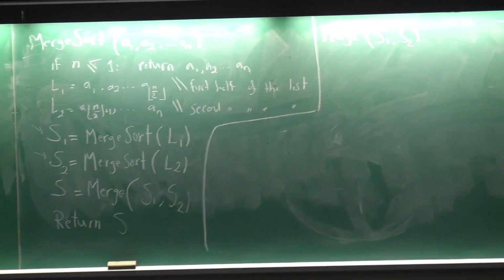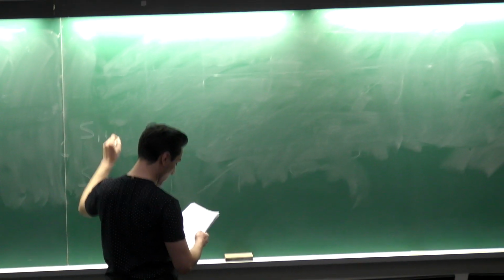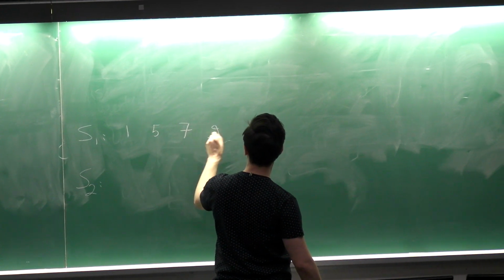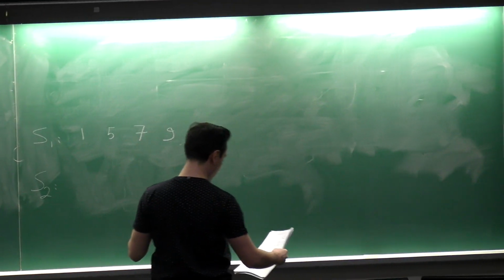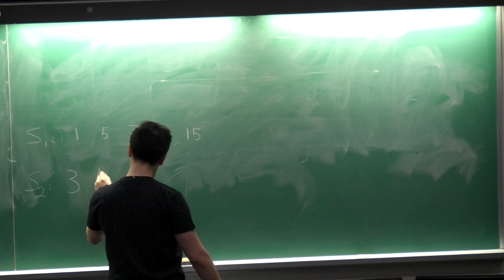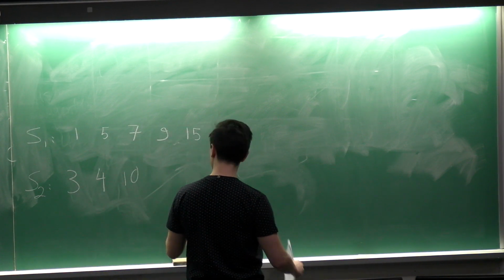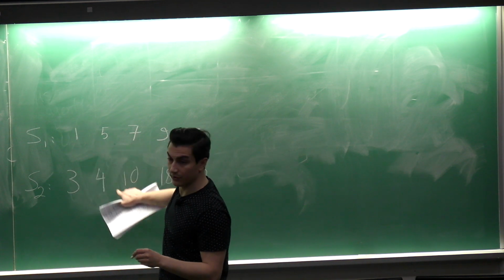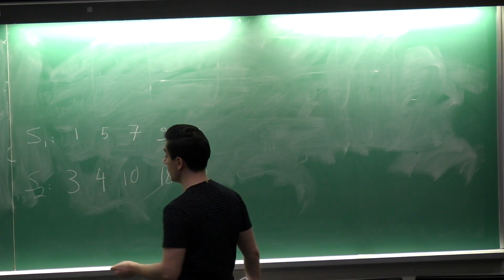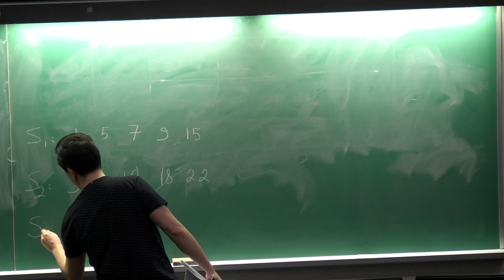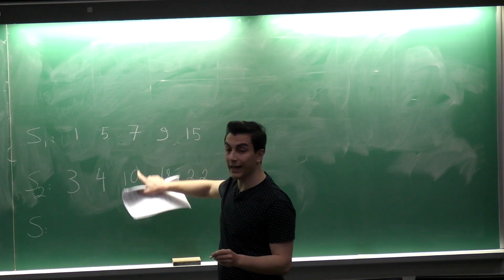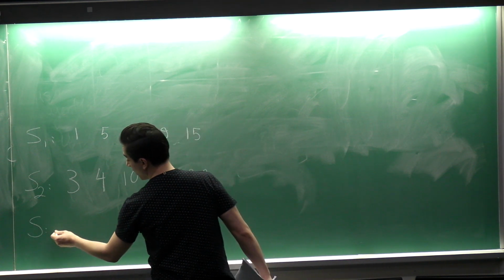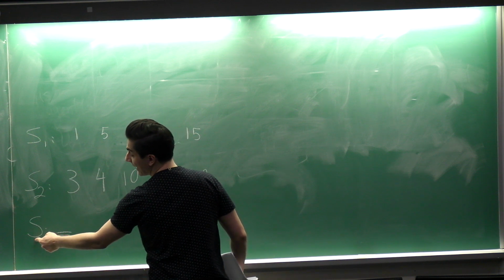Say we have 5, 7, 9, 15, and maybe 3, 4, 10, 10, 18, 22. Right? So this is the input: two lists that are sorted. And we would like to return a list S that contains all of the elements in this one and this one in sorted order. So here, what is going to be the first element of S?